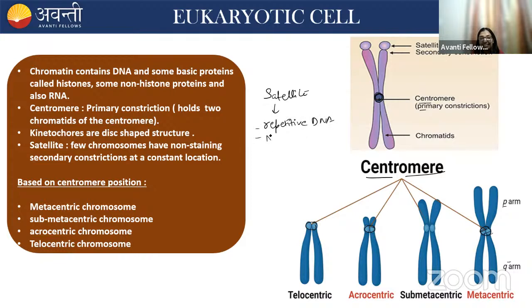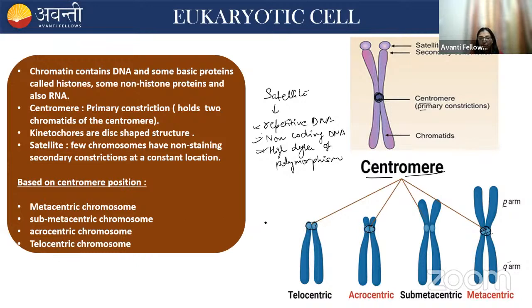And this repeated DNA is non-coding DNA. That means it does not code for any protein. They show a high degree of polymorphism. Please remember these points, these are very important.